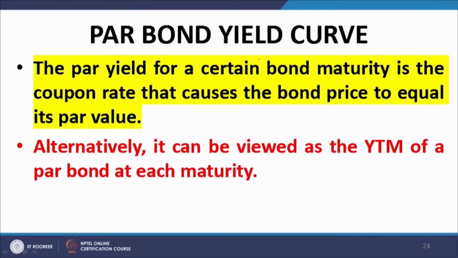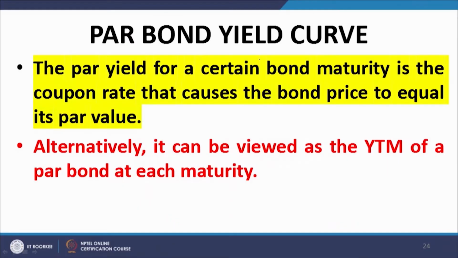So, let me read it out again. The par yield for a certain bond maturity is the coupon rate that causes the bond price to be equal to its par value. Alternatively, please note, for a par level coupon bond, the coupon rate is equal to the YTM. So, this definition can also be related to the YTM, and we can say that par rate can be viewed as the YTM of a bond at each maturity.